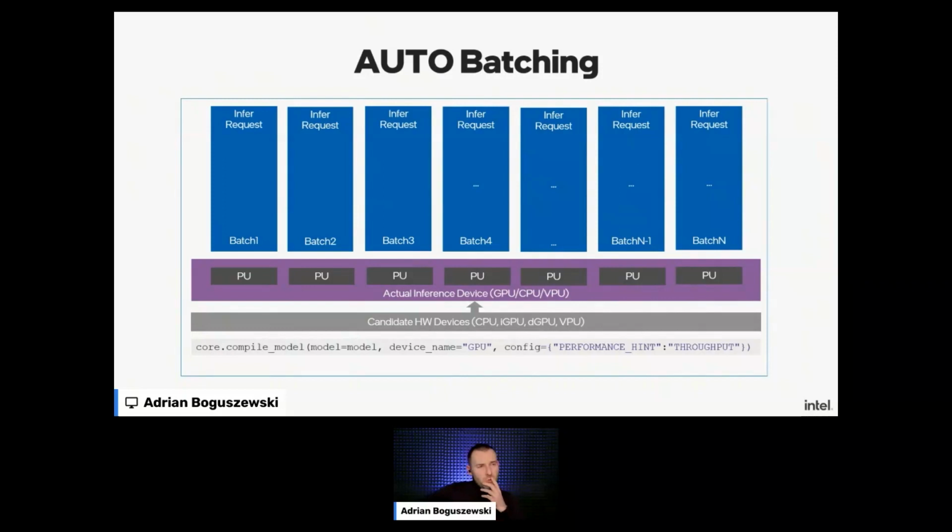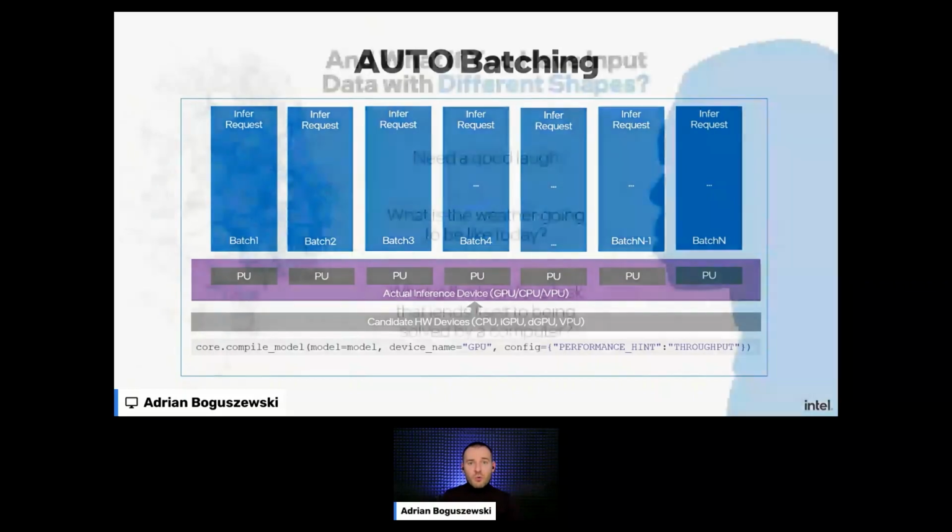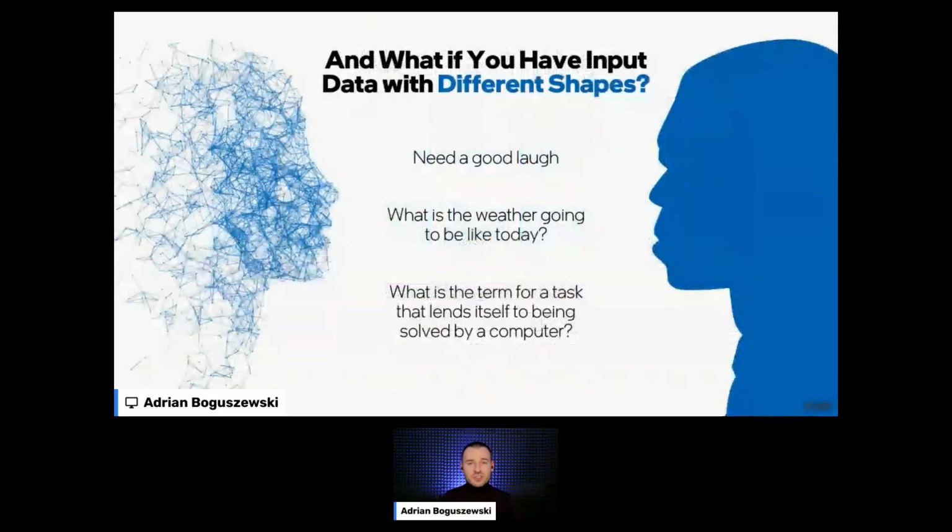Okay, but we are talking mostly about computer vision, right? Because I was talking about loading images and so on. But what if your application is an NLP model, for example, or audio processing? What if your application has input data with different shapes, right?